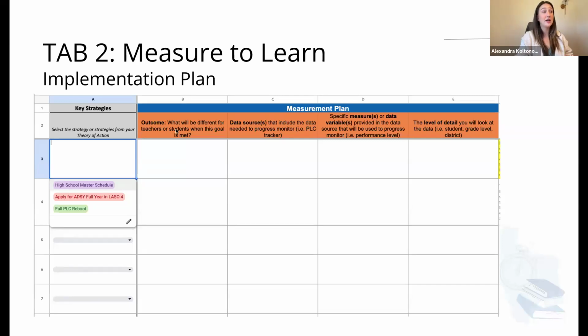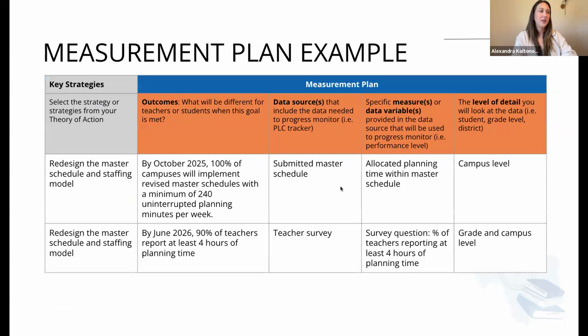So if a survey was the data source, I would include the specific survey question or questions that you want to pull from, and then the level of data. So you're going to look at it, again using the survey example, by individual respondent, by grade, by subject area, by campus, or overall district. So being able to lay out how you're going to be measuring. This is just the example, again, that we prepared and presented last time.